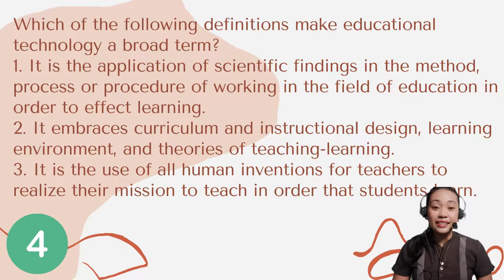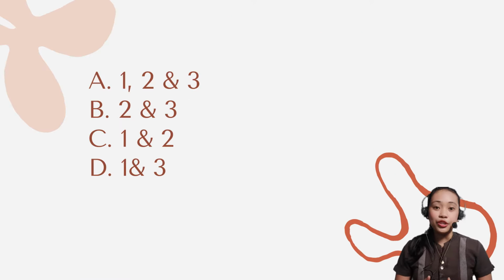Number 3, it is the use of all human inventions for teachers to realize their mission to teach in order that students learn. Letter A, definitions 1, 2, and 3. Letter B, 2 and 3. C, 1 and 2. Or letter D, 1 and 3.